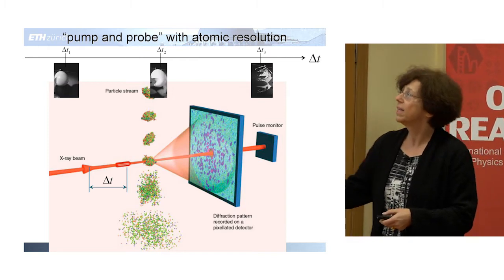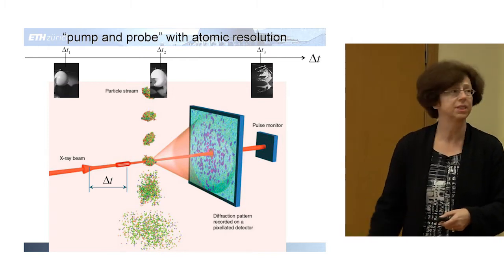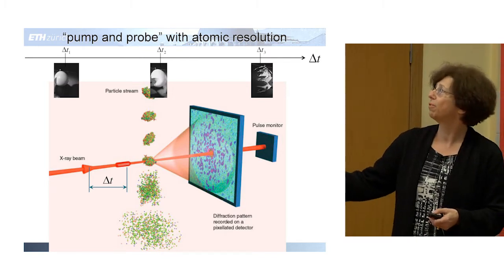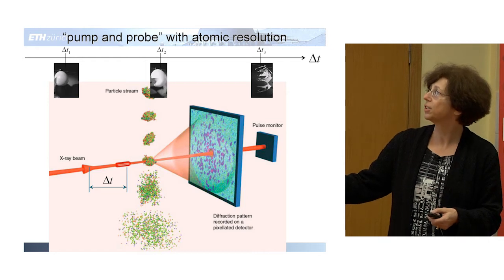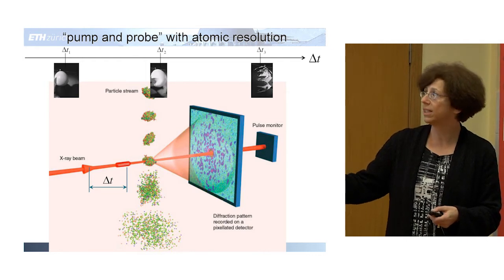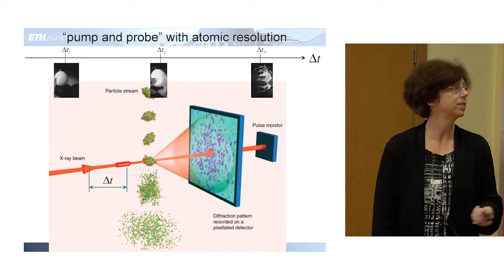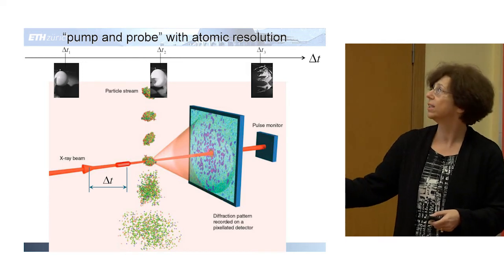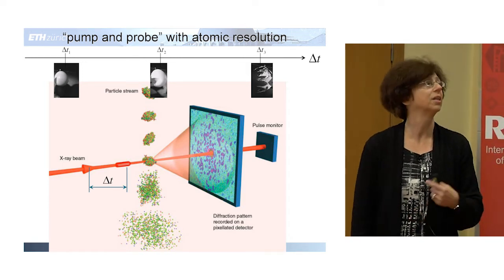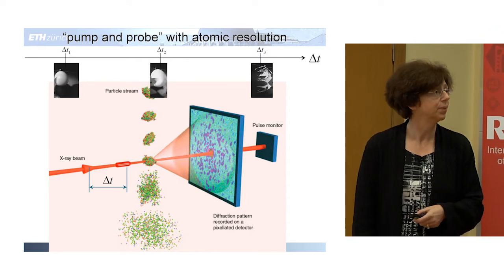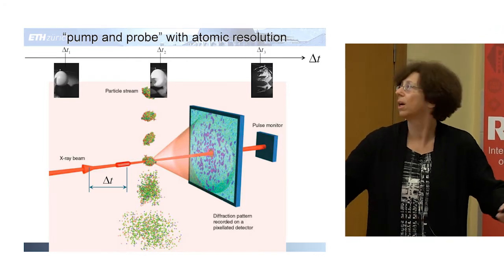We then combine this, for example, with diffraction. So you have a first pulse that is exciting a process, and then, for example, a hard X-ray pulse that is looking at the diffraction, and that gives you the structure as it falls apart.